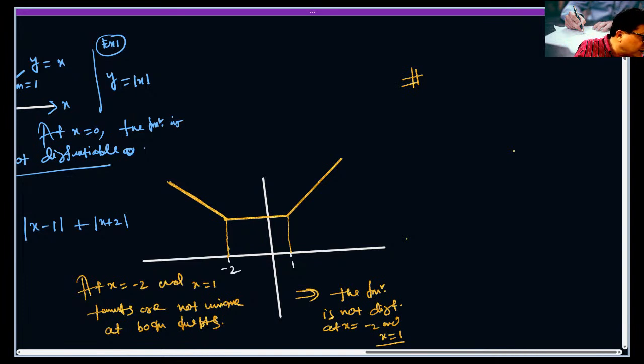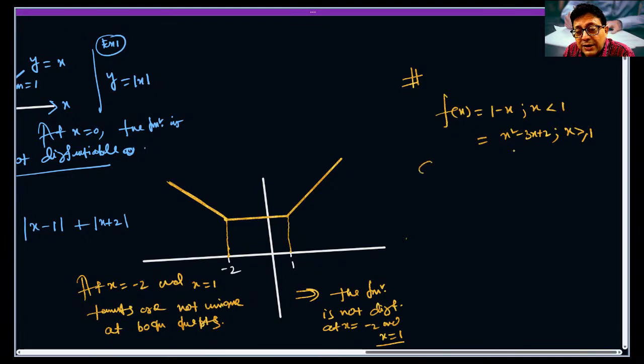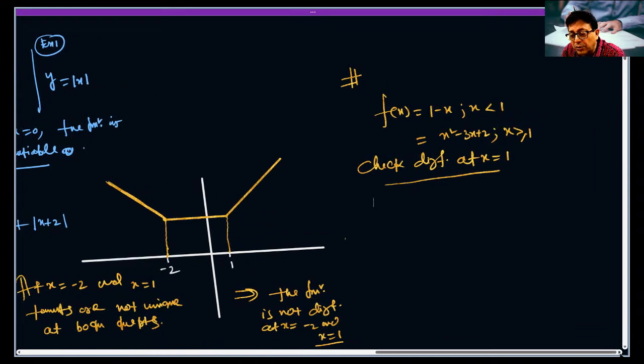Suppose we are given a function f(x) equal to, say, 1 minus x for x less than 1, and this is equal to x square minus 3x plus 2 for x greater than or equal to 1, and you check differentiability at x equal to 1. You need to check differentiability at x equal to 1.